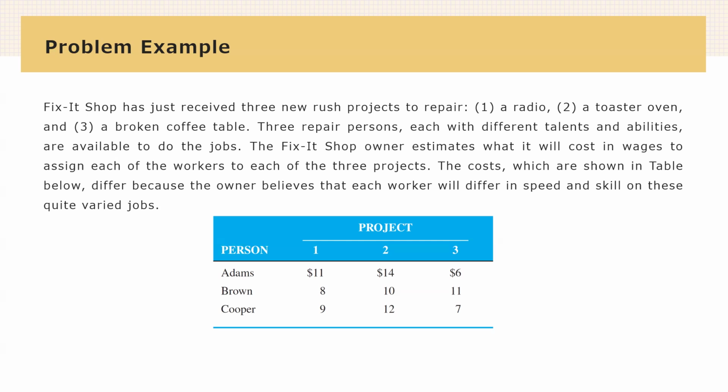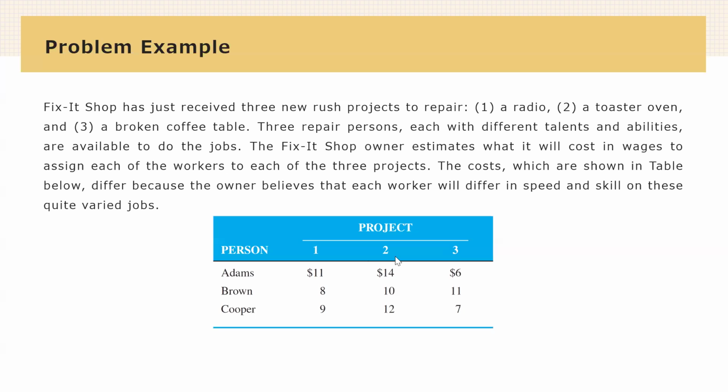So we can read from this table. Let's say there are three persons: Adams, Brown, and Cooper. And there are 3 jobs. Job 1 for fixing radio, job 2 for fixing toaster oven, and job 3 for fixing broken coffee table.